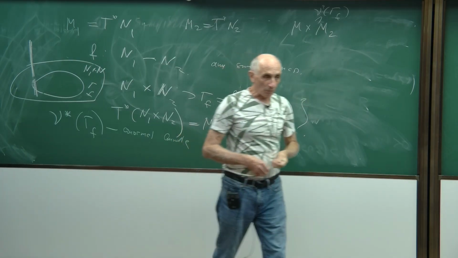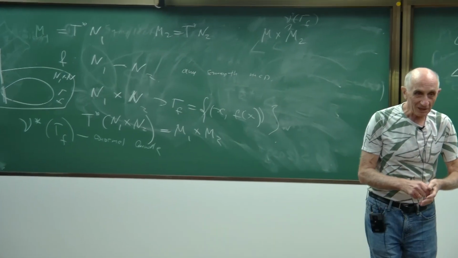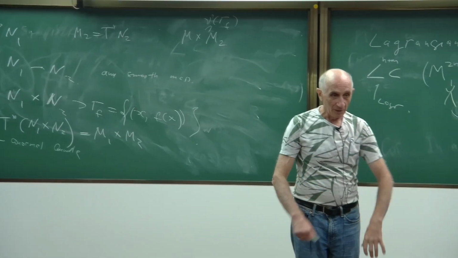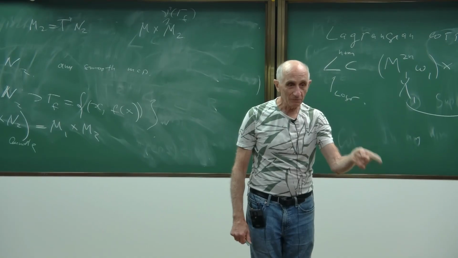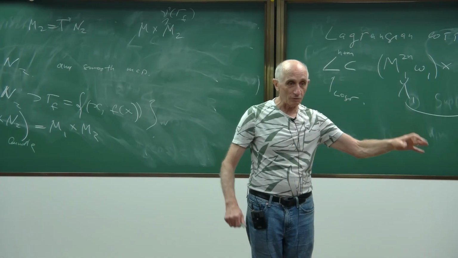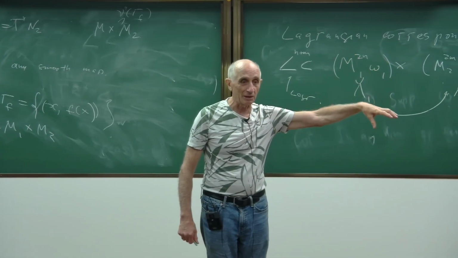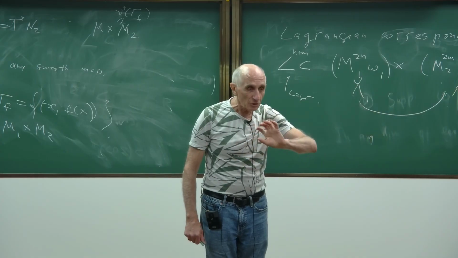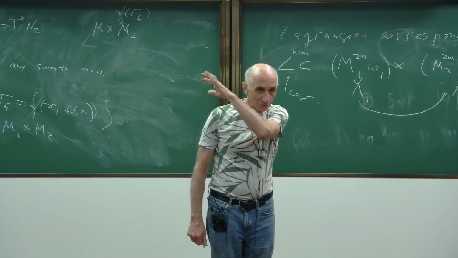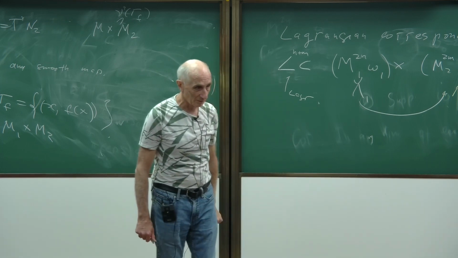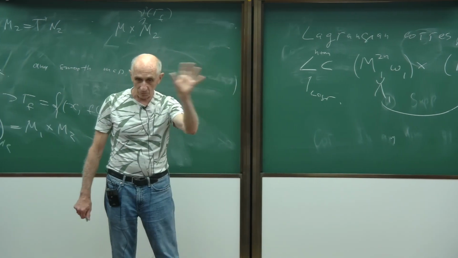So there is the following interesting fact: any map between manifolds allows you to push forward Lagrangians of the cotangent bundle of N1, not necessarily all Lagrangians, but those in transverse position with respect to this. Generically you can move them.